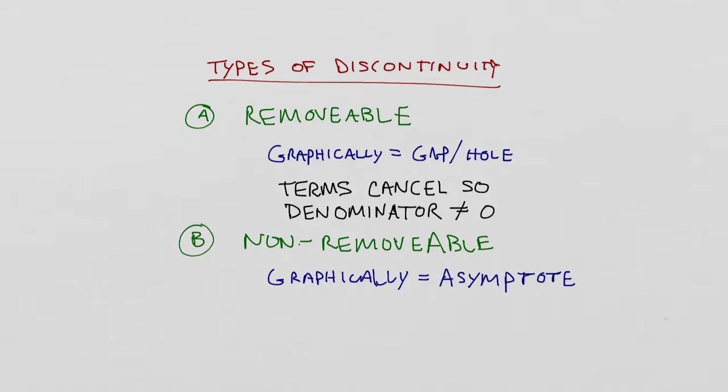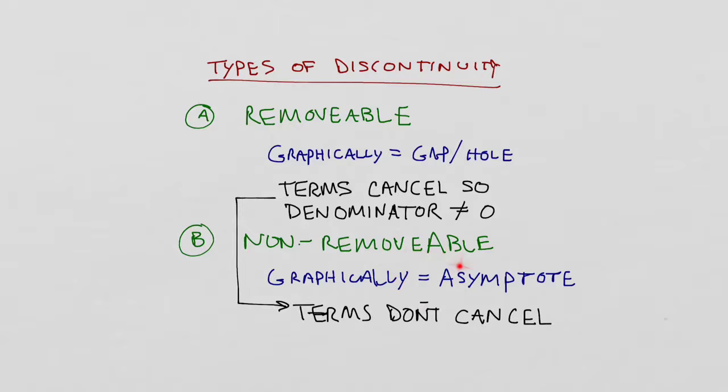With a removable discontinuity, a term or terms will cancel out or be removed so that the denominator no longer is equal to 0. With a non-removable discontinuity, the terms can't cancel out. They don't cancel. So with the rest of our time, I want to look at an example or two of this scenario where we have a non-removable discontinuity and nothing cancels out.